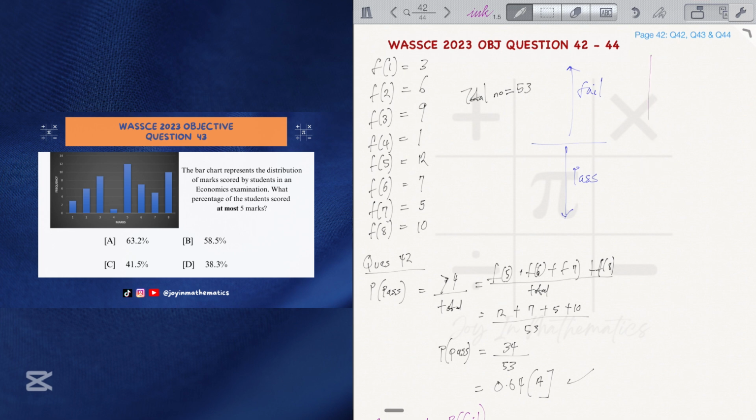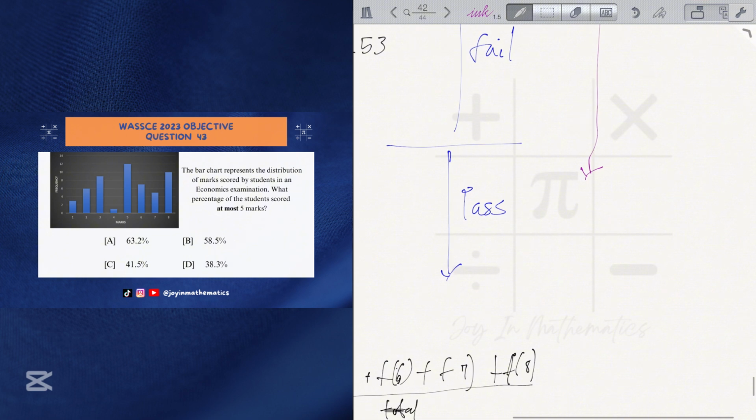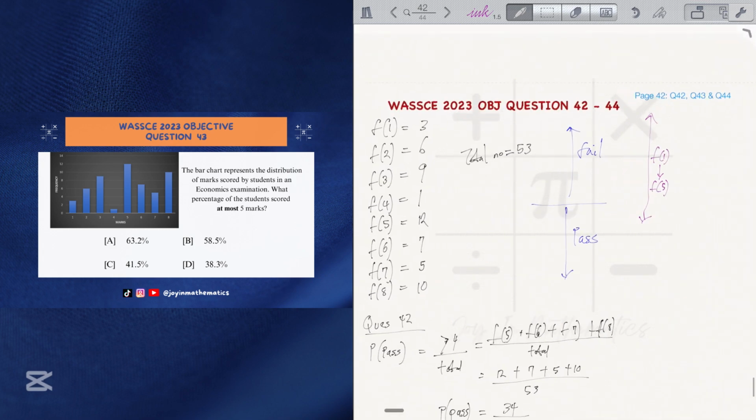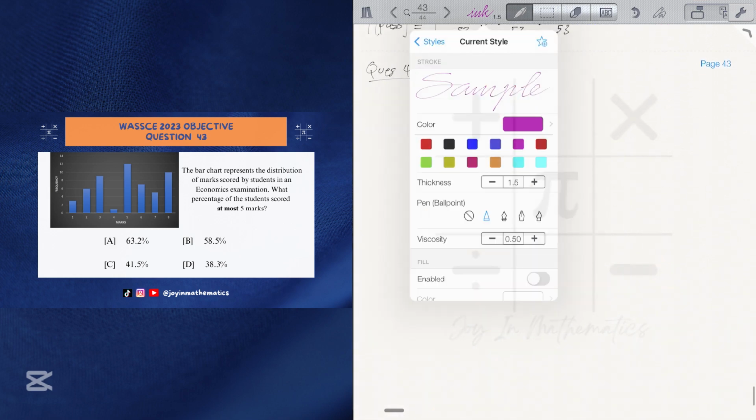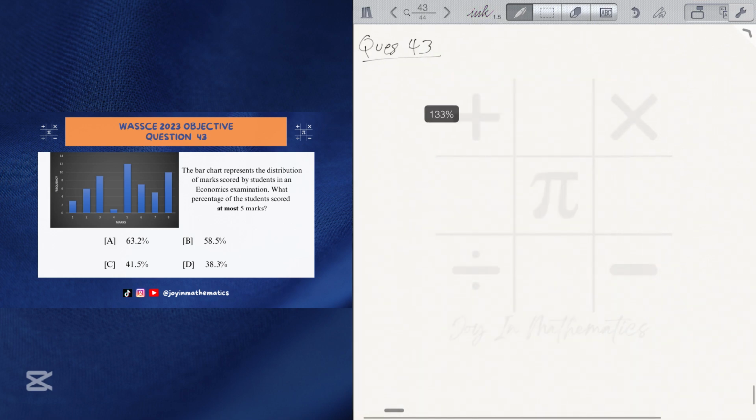So you are looking from frequency of 1 down to 5. The maximum is 5, remember? Let's zoom in.